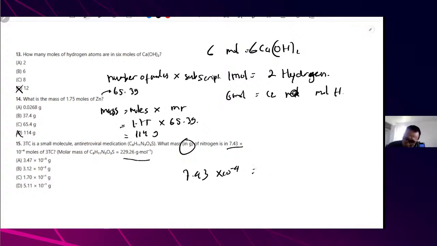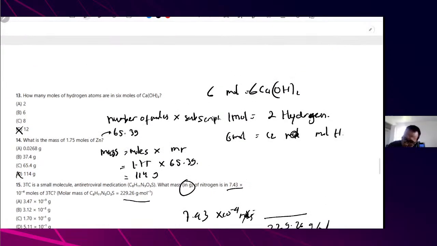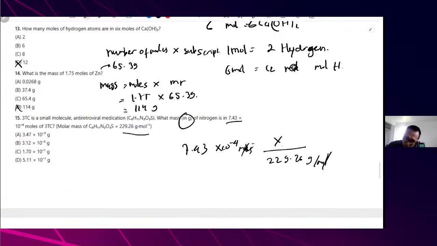It's very easy. This is the mass, this is moles, so it just cancels out. So we need to know the mass, so just multiply this one: 7.43 times 229.26. Okay, the answer should be C. It's very easy.